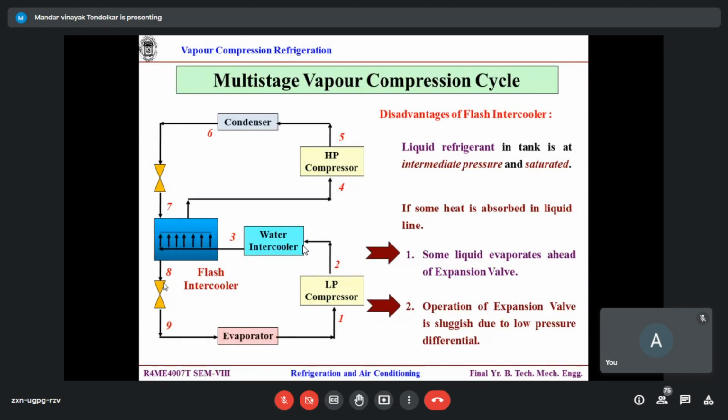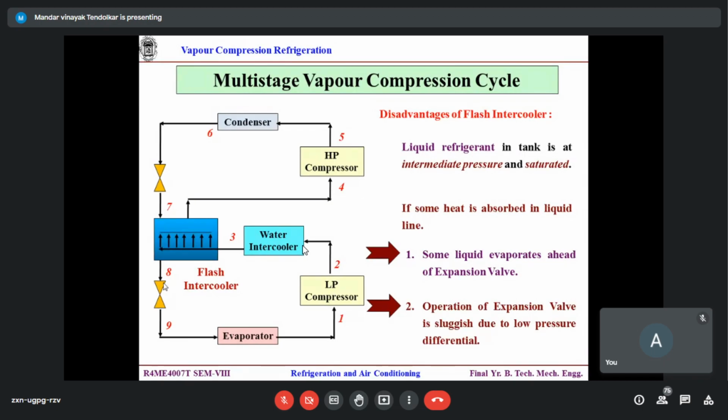Why? Because your differential is reduced now. Entire liquid to liquid plus vapor. Now it is already liquid plus vapor going to liquid plus vapor further. So the time required would be much more because from the beginning itself it has to deal with two phases. And we have not designed the expansion device for two phase at the beginning.